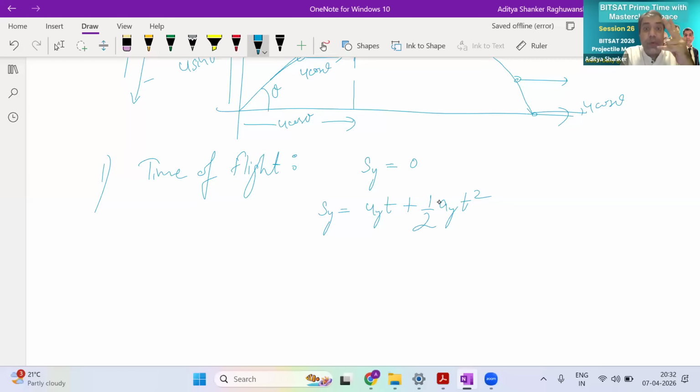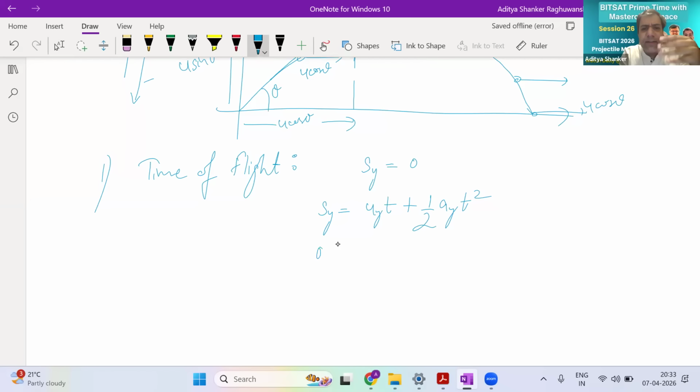That means you are going to get two values of t. But is it possible? In this case, it is possible because one value, t1, is the time when the initial displacement in y direction was zero, and the other time is when once again the displacement is going to be zero. That is what we want. We want t2, because now it's going to take time to once again make the displacement zero. That's the trick. Just make the vertical displacement zero. That's all, my dear friends.